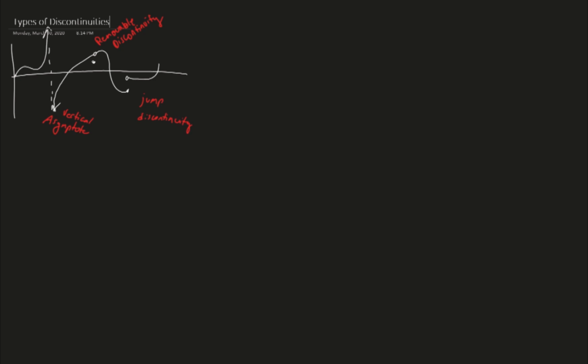But these particular discontinuities, the ones that we see here, are very common, and we need to be prepared to handle them. So what makes these discontinuities? Well, like I said, they become discontinuities when you try to run your finger across the graph as if you were walking on a road, or you're on a roller coaster in a cart, and all of a sudden you encounter an area where you can't continue forward. That's obvious. If you were on a roller coaster and you encountered the first type of discontinuity, you would be scared out of your mind.